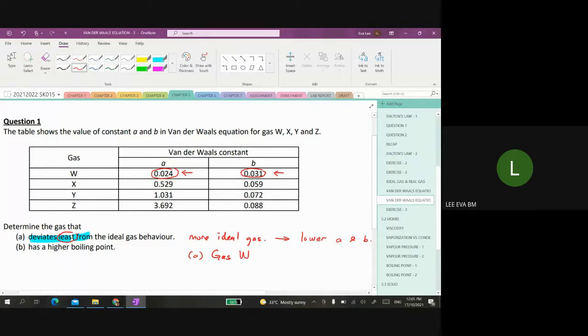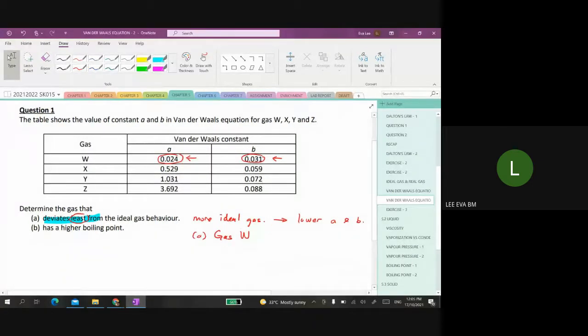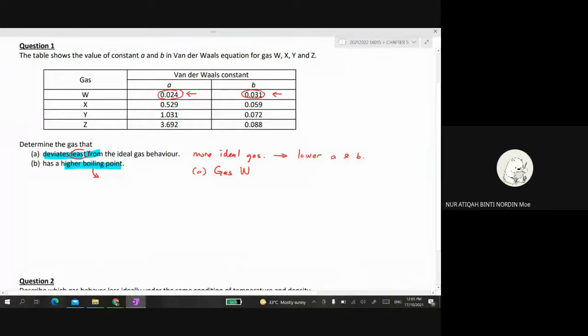Now, because it has the lowest value of A, it has the lowest value of B. Okay. How about for B? It has a higher boiling point. So if you still remember boiling point, what should you relate it to? Boiling point biasanya relate kepada apa? Intermolecular forces.